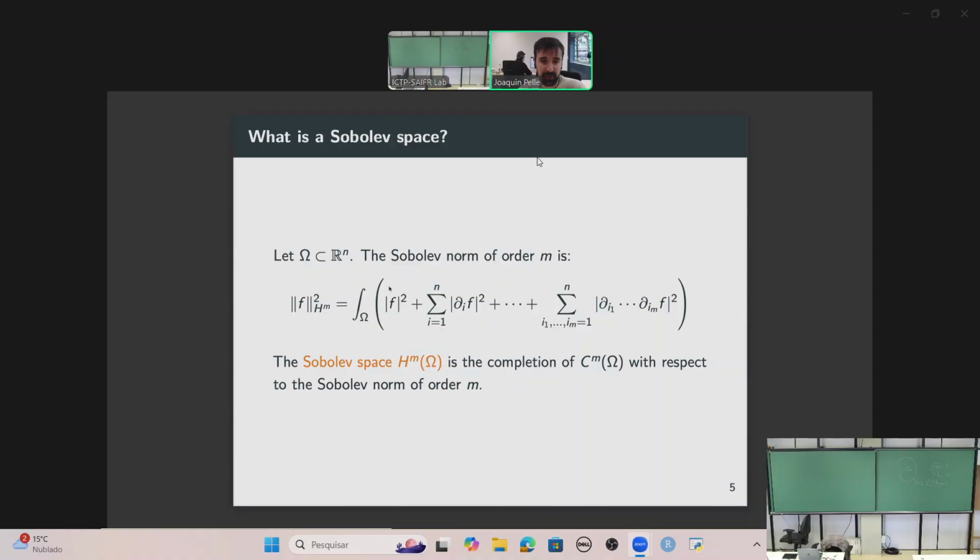And given this norm, we can define the Sobolev space of order m as a completion of the functions with continuous derivatives up to order m with respect to this norm. So essentially, we will consider functions here and whatever we can get close to by functions that live here, in a similar way that one can, for example, think of the real numbers as the completion of the rational numbers.